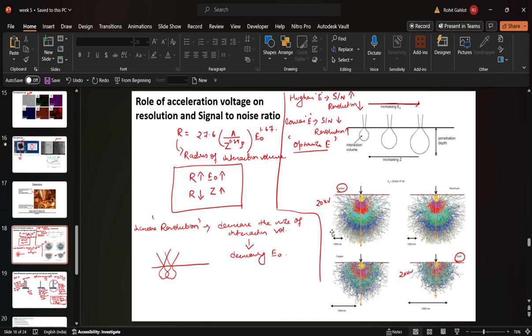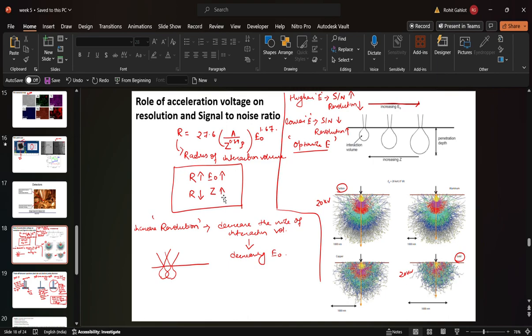Now let's see the role of your accelerating voltage on your resolution and signal to noise ratio. This is the radius of interaction volume, and it is given by this formula. As your accelerating voltage increases, your radius of interaction volume increases, right?